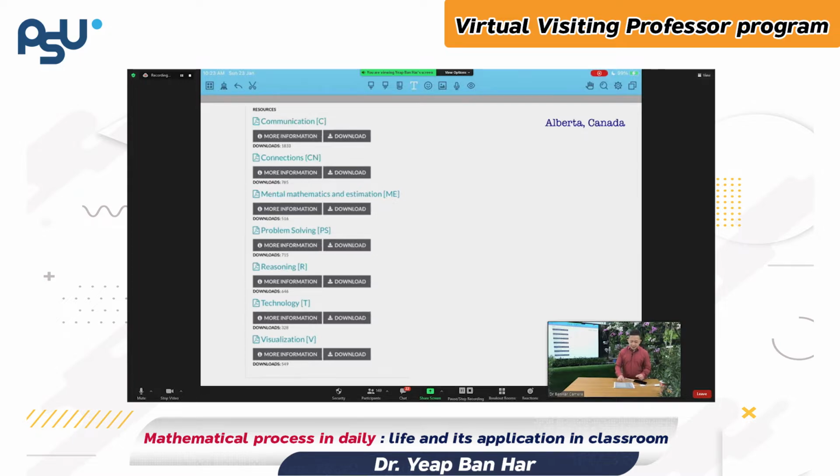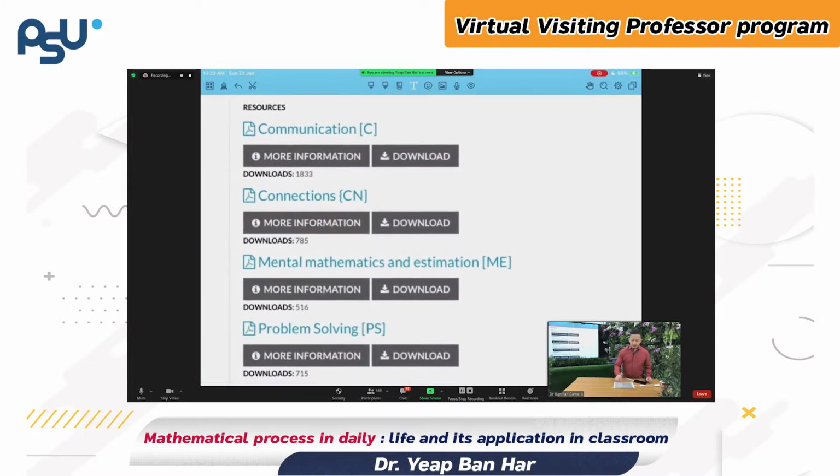The one I'm showing you now is the curriculum framework for the province of Alberta in Canada. So you will notice some similarities. For example, communication was also part of Singapore's definition, and it is also part of Alberta's definition. Making connections, doing mental mathematics and estimation.